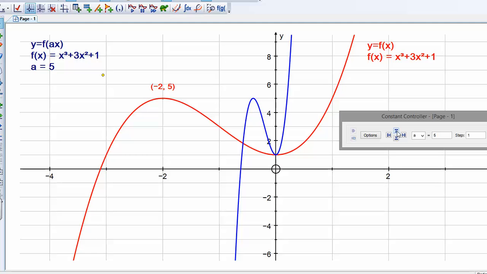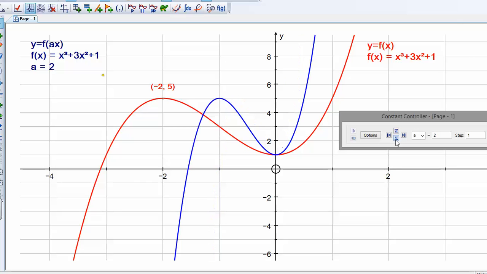Now what's happening here is it's being stretched in the direction of the x-axis, but this time it's being stretched inward, so we could call it a squash. It's being squashed in. So if a is 2, it's actually come in halfway, so that's gone from where the x-coordinate is -2 to where the x-coordinate is -1.